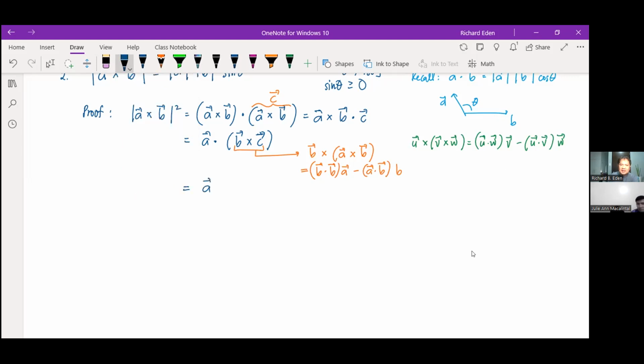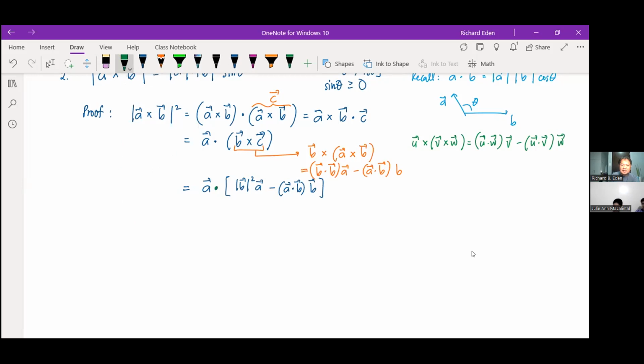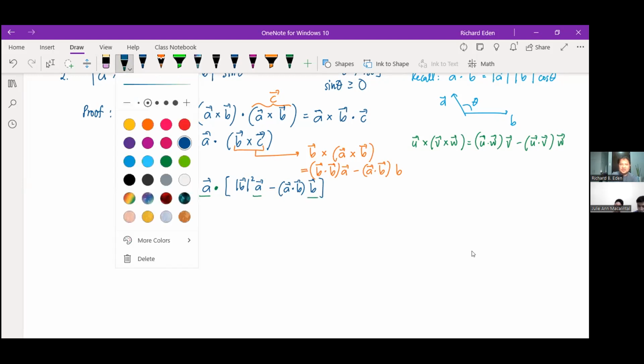So A dot, okay, B dot B, that's the length of B squared, A minus A dot B, scalar, and then B. Okay, so when you carry out the dot product here, it would just be A with vector A, and then later on, A with this vector B, because the others are just scalars.